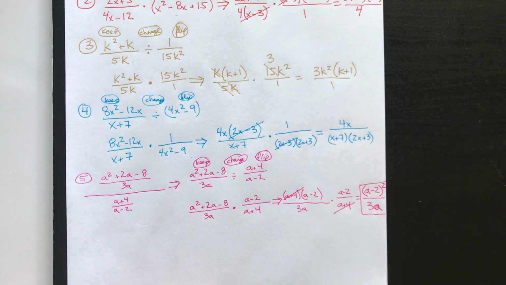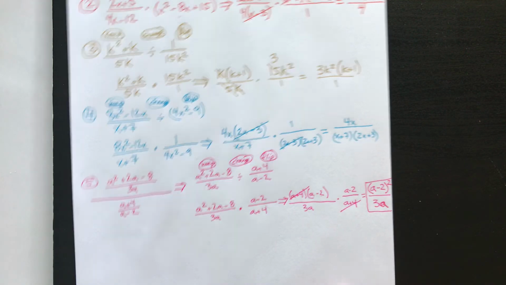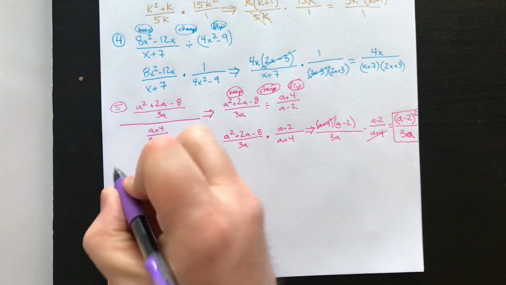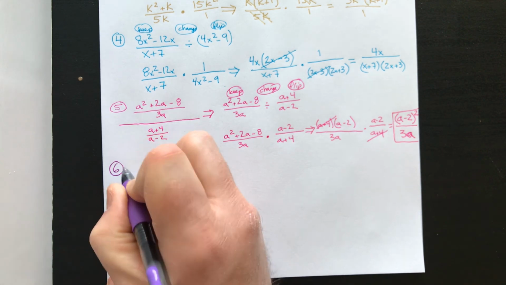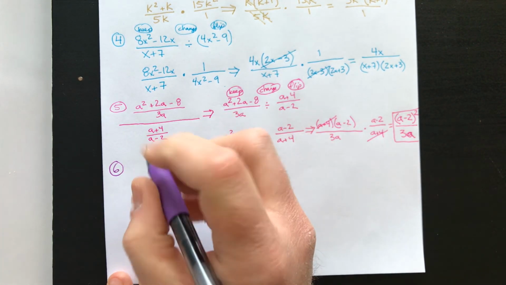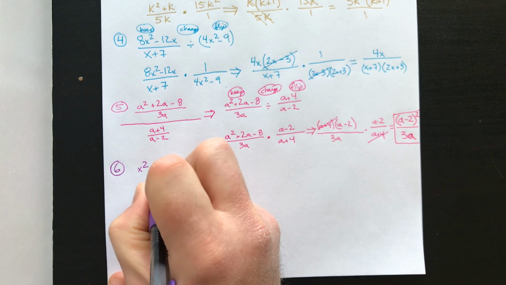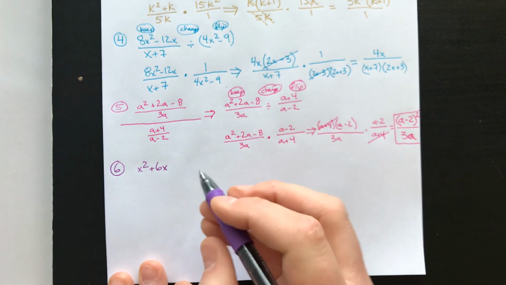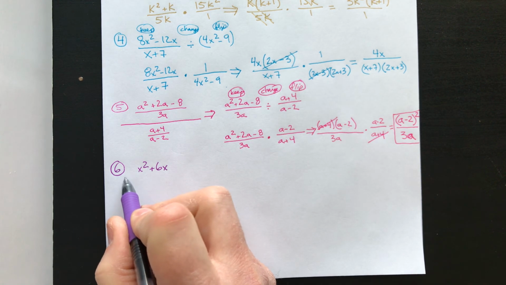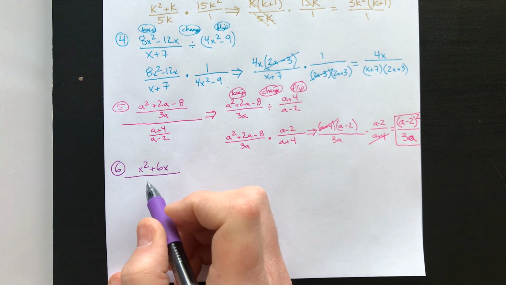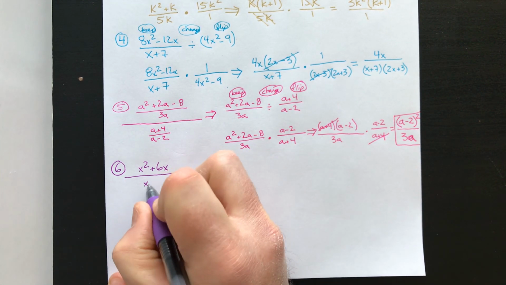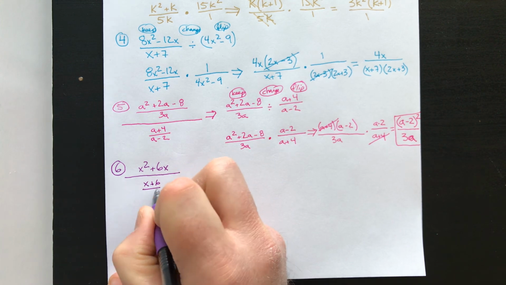All right, last problem. It is another complex fraction problem. All right, number 6. And we have x squared plus 6x. And you can see that's written bigger, and you've got the longer division line, and then you have x plus 6 over x.